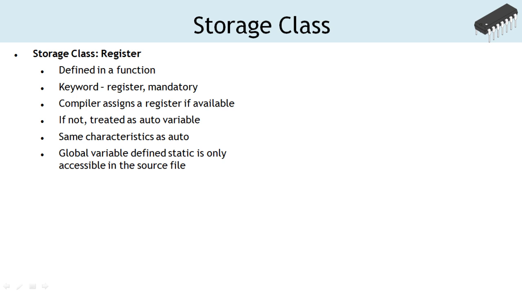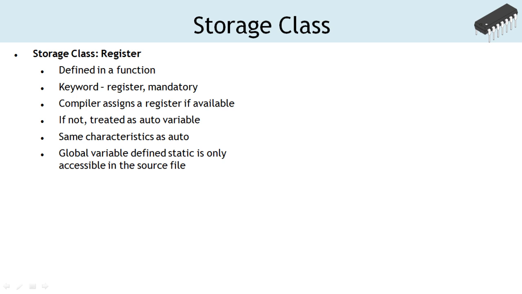The compiler tries to allocate microcontroller's register for such variable if register is available. However, this is not guaranteed and there is no mechanism to know if the variable is allocated a register. If register is not allocated to the variable, it is treated as an automatic variable.